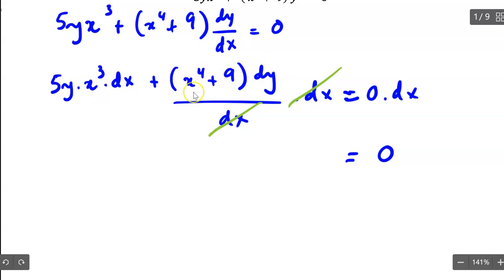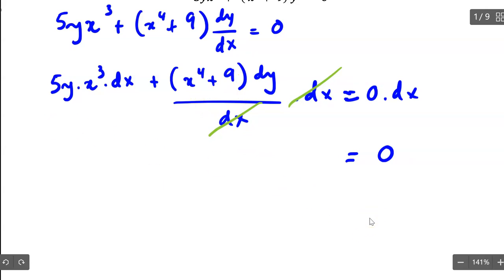And in this here, you want to get rid of this x to the 4 plus 9 so that it doesn't come with the dy anymore. So what I'm going to do is divide each term by y multiplied with x to the exponent 4 plus 9, or you can divide it by 5y.